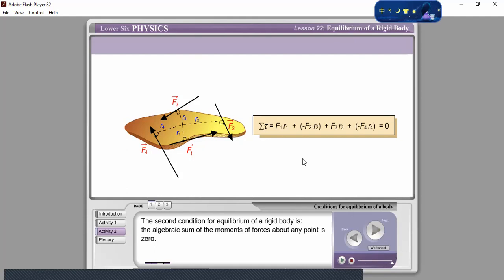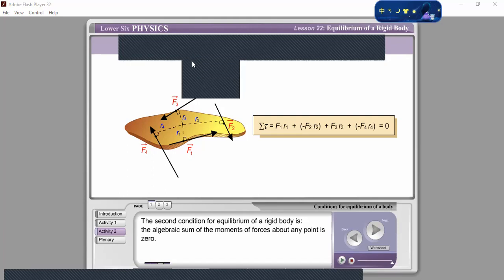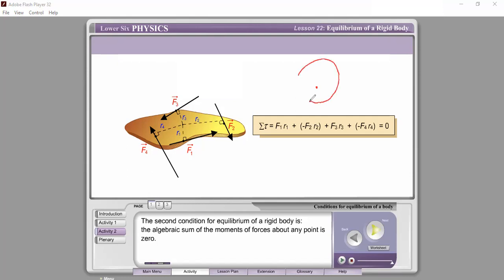Now let's say we assume that this system rotates in the clockwise direction. If rotating in this direction is positive, why is it positive? Because the F1 direction is in this direction and F3 in this direction.